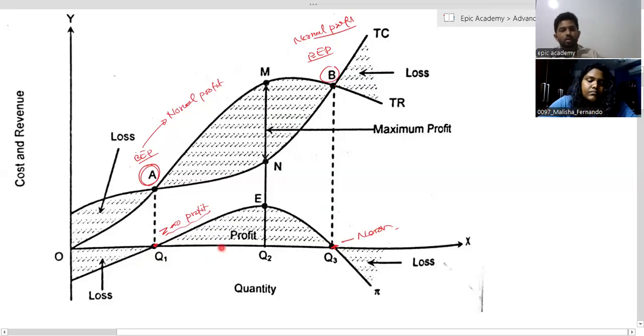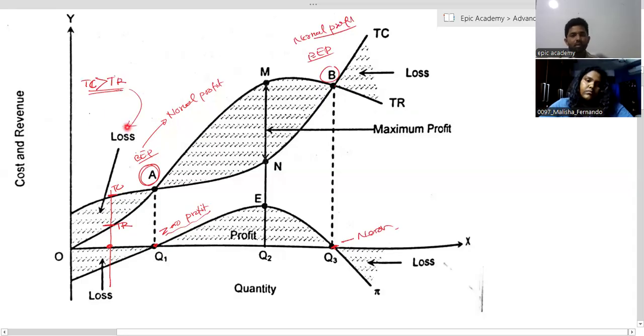Okay. So just consider the area of this one. This point. Look at the behavior of TC, behavior of TR. This is TR, this is TC. Looking at that, you can identify TC taking a greater value than the TR, isn't it? Yes. That is why they are getting losses.